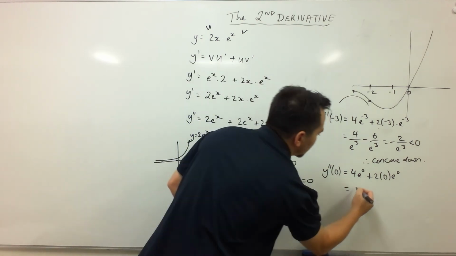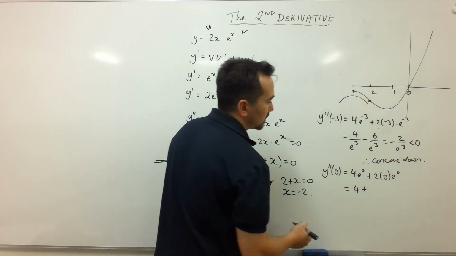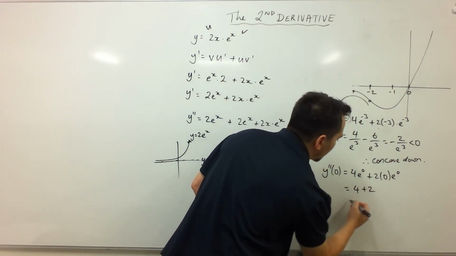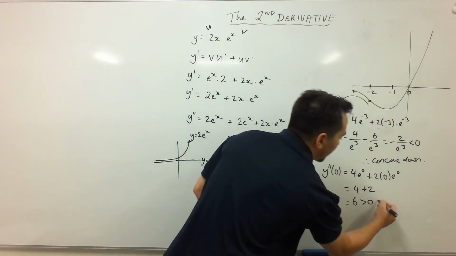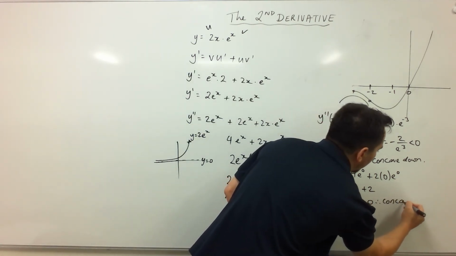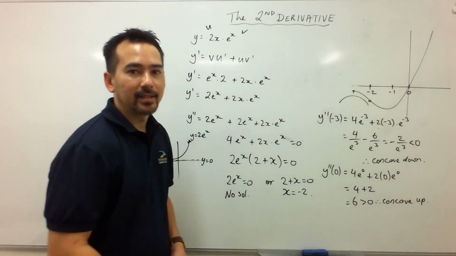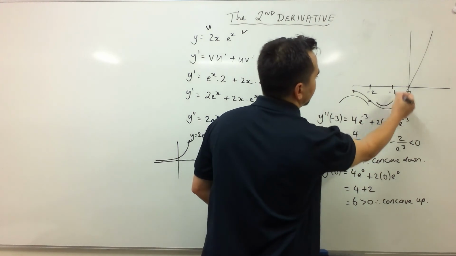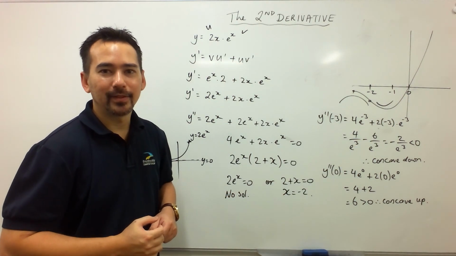And this is the same as 4 times 1 plus 2 times 1 times 1, which is 6. 6 is obviously positive, and therefore it is concave up. And there you have it, concave up. All right, good luck with those questions.